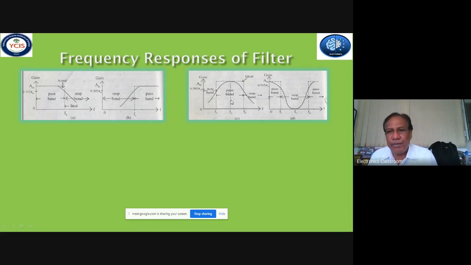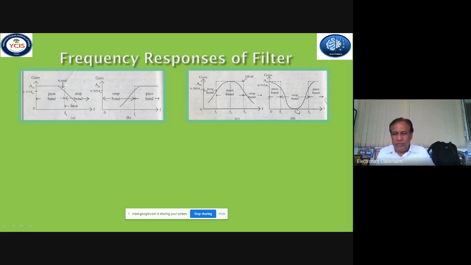But at the anti-resonant frequency, in the case of the band stop filter, the gain is 0, and in that band of frequency all data will be rejected. So it is known as a rejector circuit. Within that band of frequency, all frequencies, all data, all intelligence are rejected. That type of band is also known as a stop band, which is exactly opposite to that of the band pass filter.